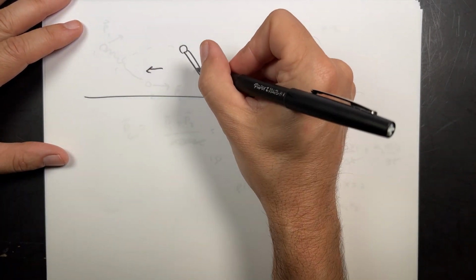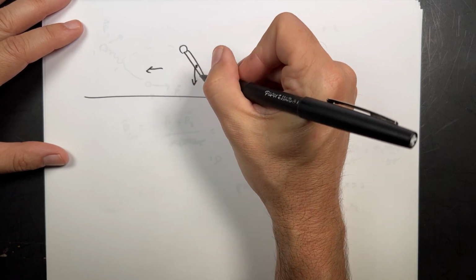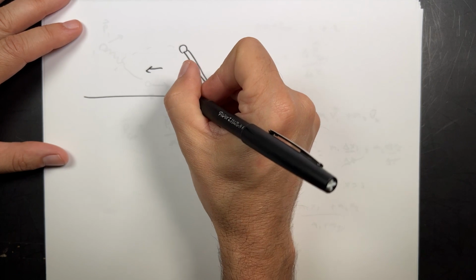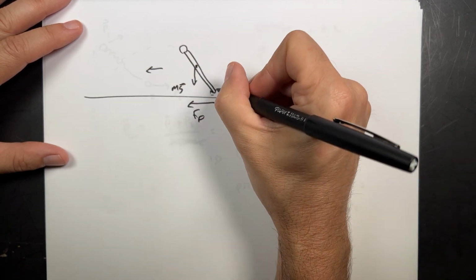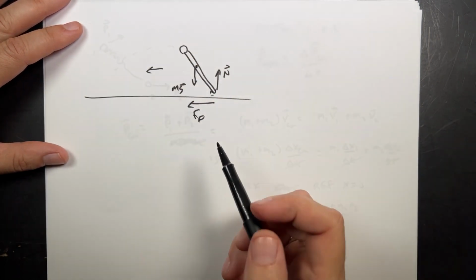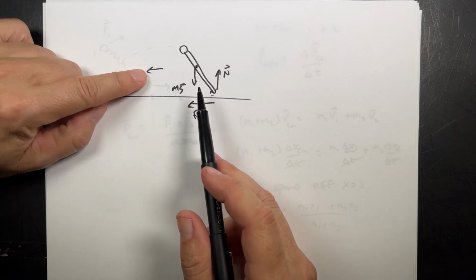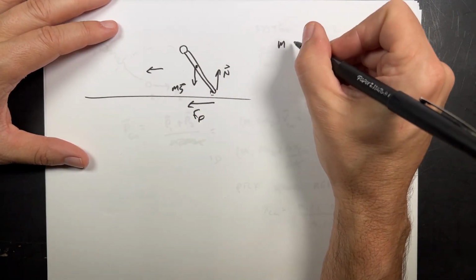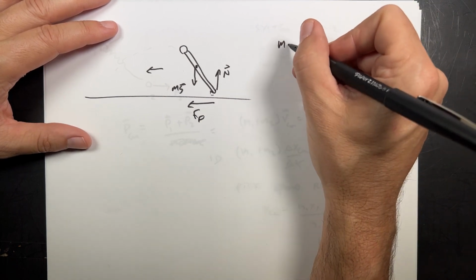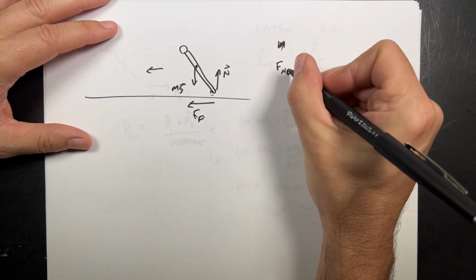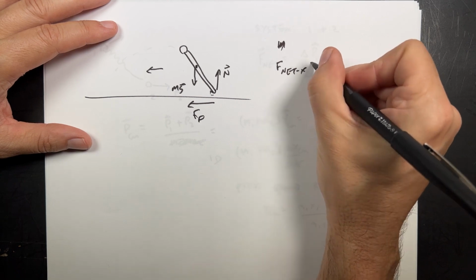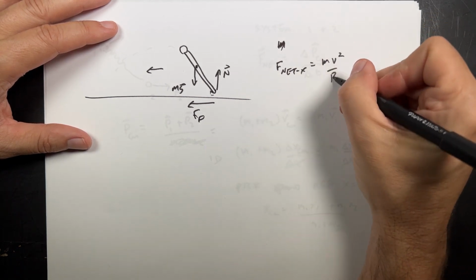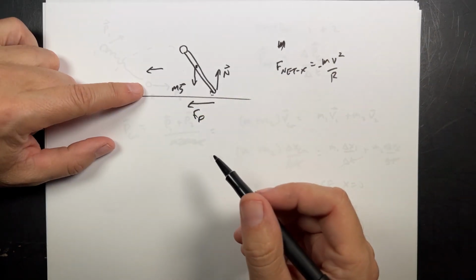In that case, we have the gravitational force at the center of mass, and then we have a frictional force right here, F friction, that's mg, and then we have a normal force right there, N. And you want to say, okay, well, what's the acceleration? We could say m in the x direction, F net x equals m v squared over r, negative in this case.